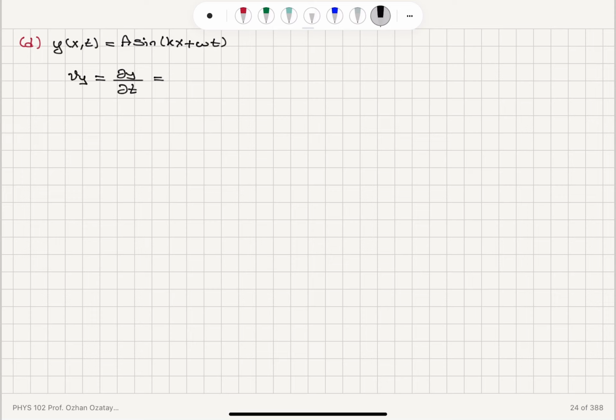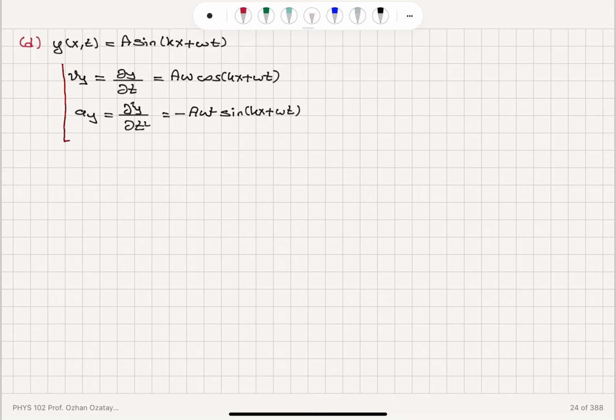This is going to be a omega cosine kx plus omega t at position x, and the transverse acceleration ay is the second derivative del square y del t square, which is minus a omega square sine kx plus omega t.